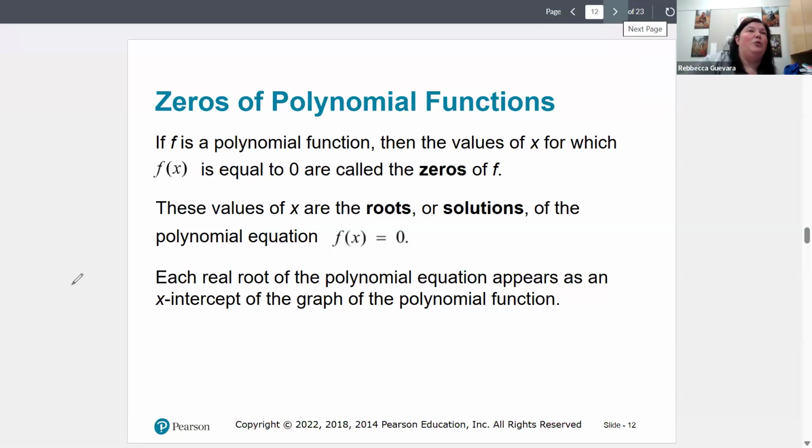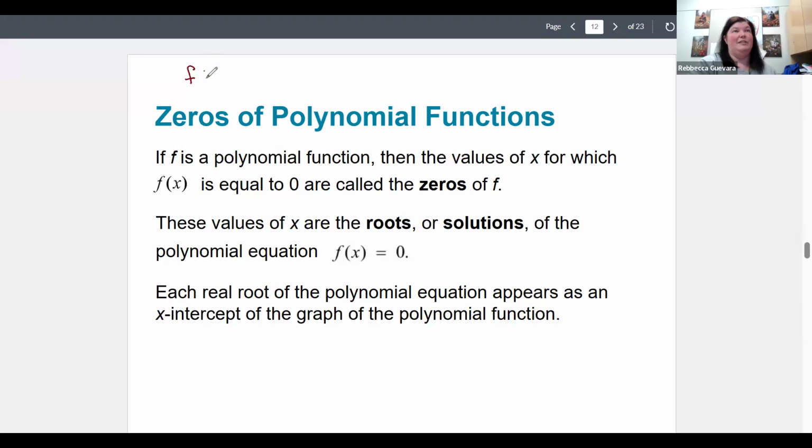Okay, so zeros of a polynomial. If f is a polynomial function, then the values of x for which f of x is equal to 0 are called the zeros of f. This is different from when we were looking at, say, quadratics.